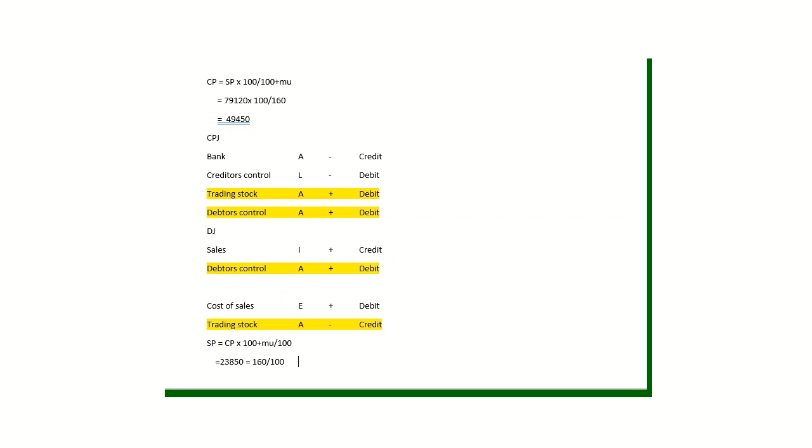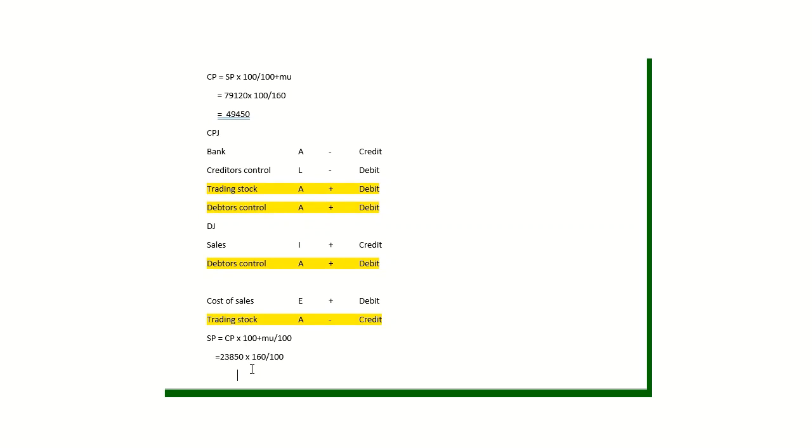So if I do that calculation, sorry, that should be multiply. Good, and that gives me 38160. So my selling price, 38160.